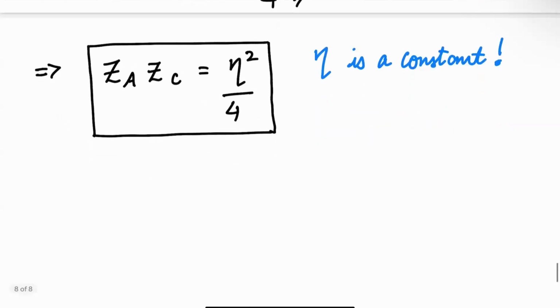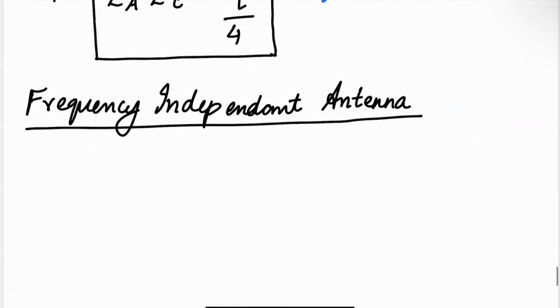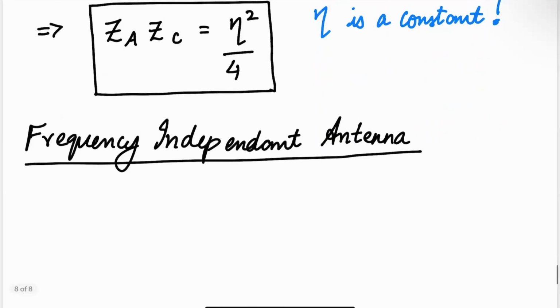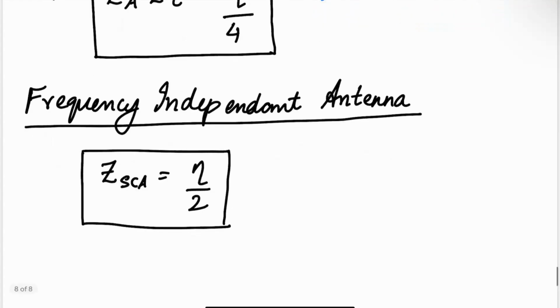Another very important consequence of this is frequency independent antennas. Broadband antennas, you can think of them as. So what does that mean? If I make an antenna which is self-complementary, a self-complementary antenna, its impedance must be eta over 2, 377 over 2, which is what, 290 or so?